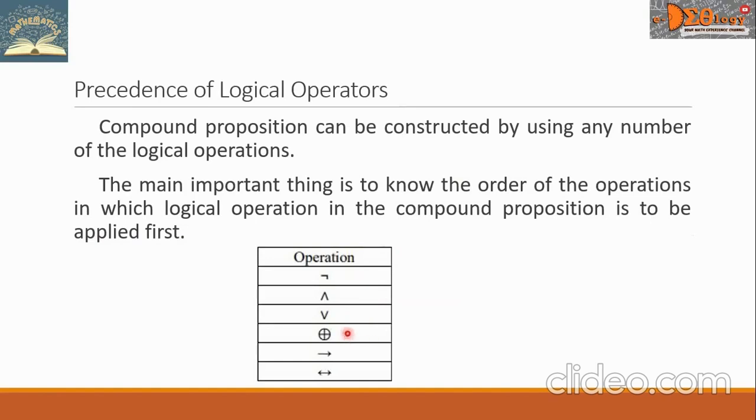Followed by the exclusive or operation, or simply said, XOR. Next is the implication, and this arrow is read as implies. The last one is the biconditional operation. We read this symbol as if and only if.